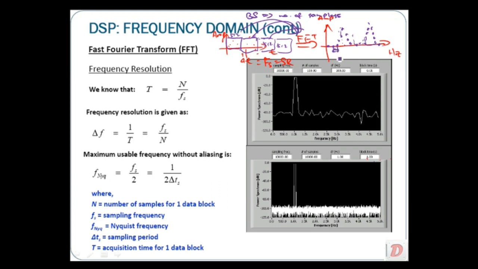This delta F is your frequency resolution, or bandwidth, which tells you how accurately you plot a particular peak in the frequency domain.